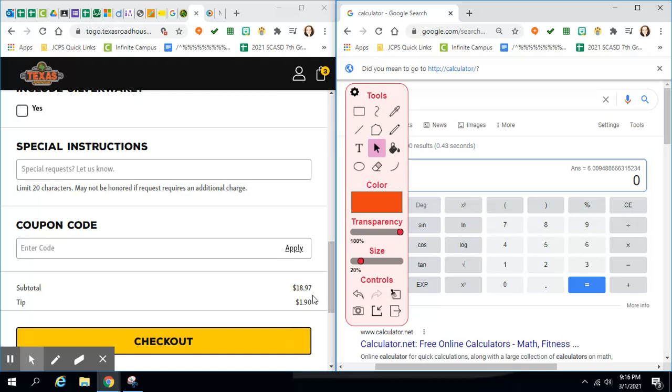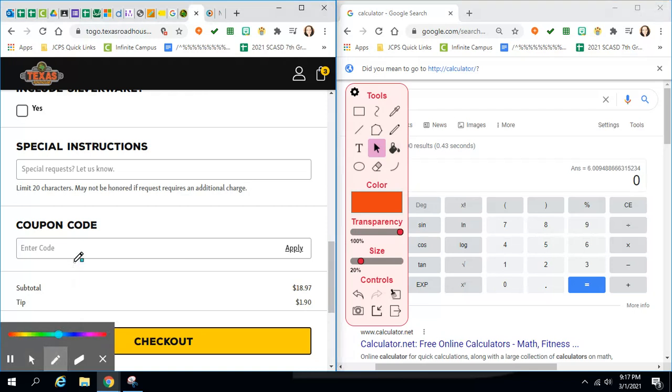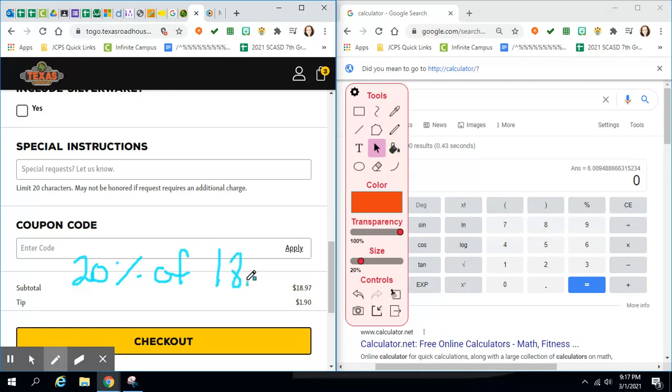So if I wanted to know how much I was going to add on to my tip to give the server 20%, I'm going to basically find, well, what's 20% of $18.97? Okay. And to do that, there are a couple different ways, but let's just focus on doing 20% of the subtotal.